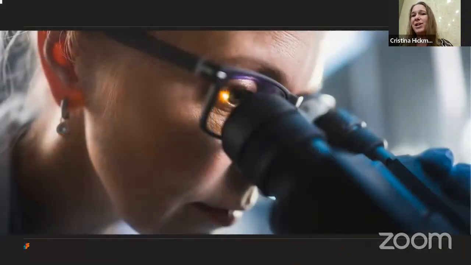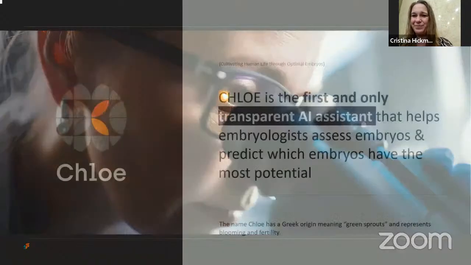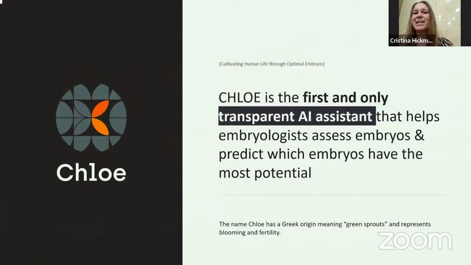So we decided to look at the embryo in a slightly different way. Next slide. And this is Chloe. So introducing Chloe, which comes from culturing human life through optimal embryos. So what we do, Chloe is the first and only transparent AI assistant.